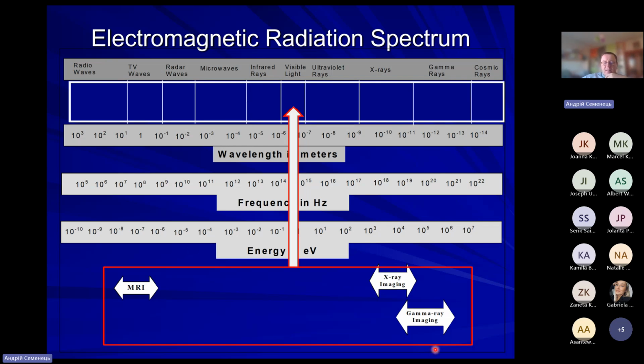And here is the place where we have long wavelength and relatively low frequency energy. That's where MRI images are, and we have X-ray and gamma ray imaging for high energy, short wavelength and high frequencies.